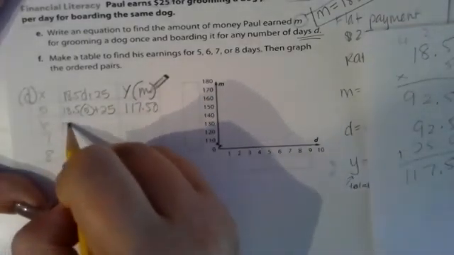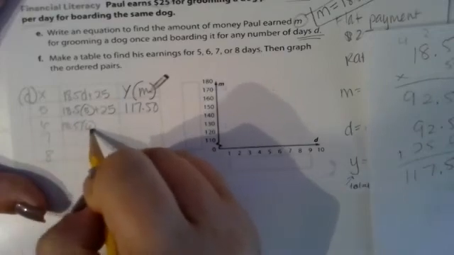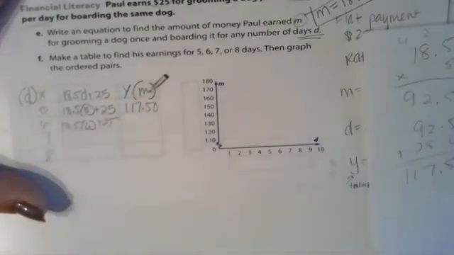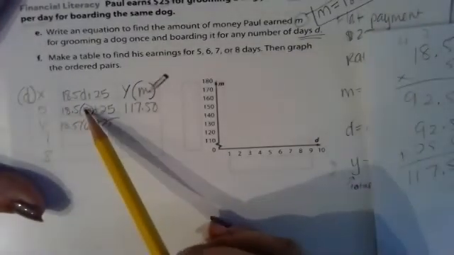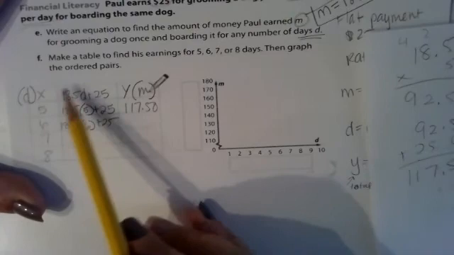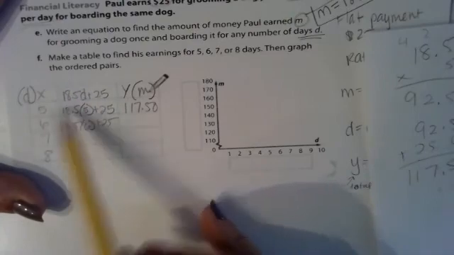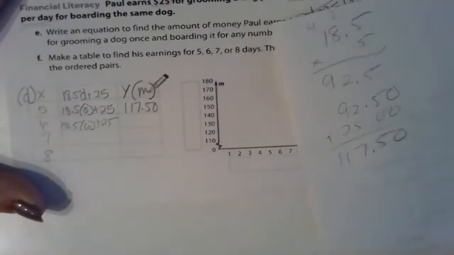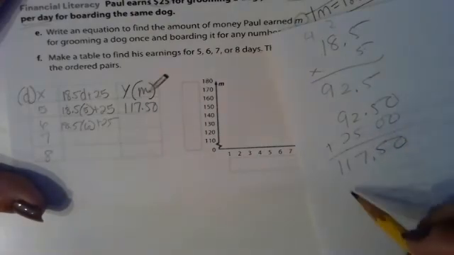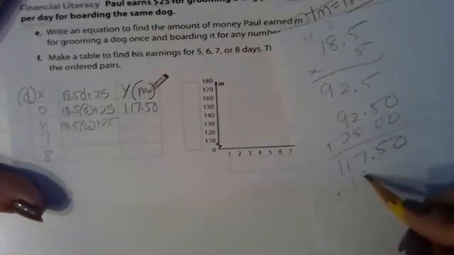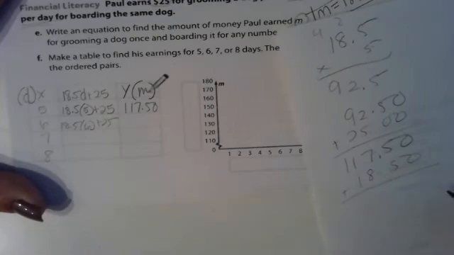And now I have the 18.5 times 6 plus 25. So if you pay attention here, all I'm doing is adding another 18.50. So instead of doing all this crazy multiplication again, all I have to do is add another 18.50 to this.